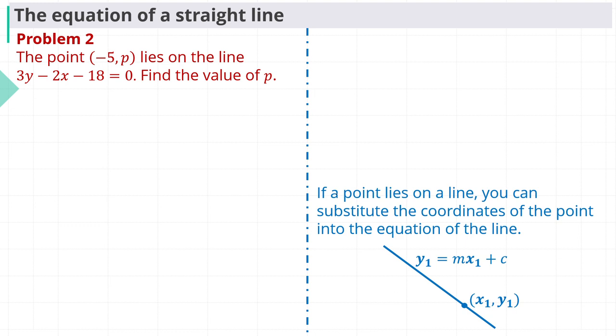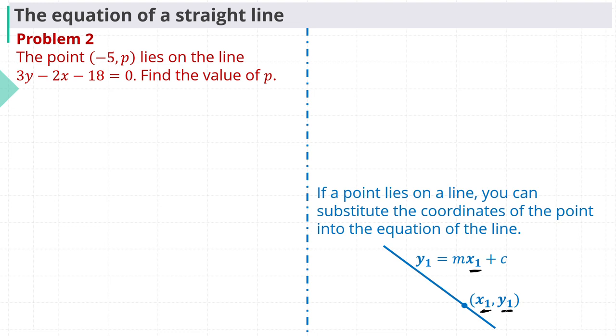Now, what we should notice is that if a point lies on a line, you can substitute the coordinates of the point into the equation of the line. That's all we have illustrated in the diagram. In the diagram, we have coordinates (s1, y1). We see that the very s1 here in the coordinates is the very s1 in the equation of the line.